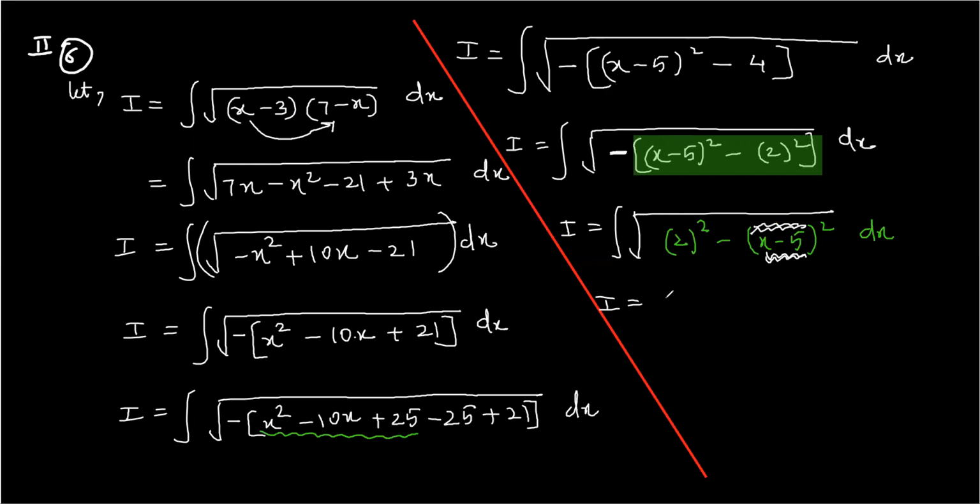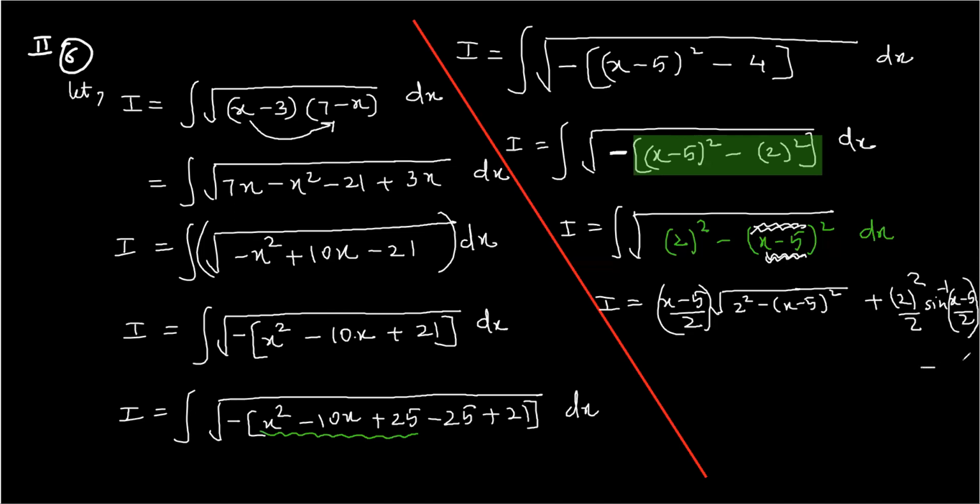So here I will write x minus 5 by 2 and then square root as it is, which is 2 square minus x minus 5 square, plus a square by 2, which is 2 square upon 2, and sine inverse of x by a, that is variable upon constant, x minus 5 upon 2, the bracket is complete, plus c.